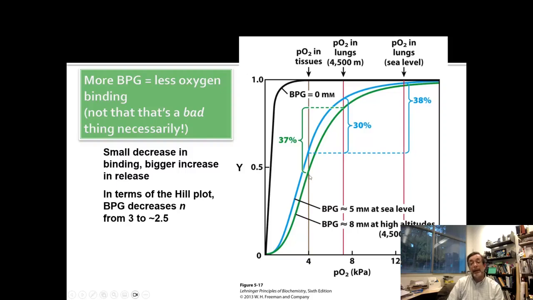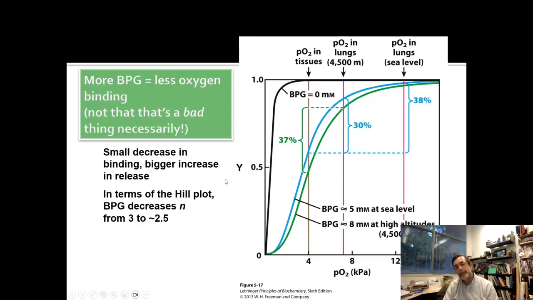And because you're letting go on a steeper point in the curve, the difference between the lung binding and the tissue letting go is back to 0.37 again. I can't do the math in my head, but the difference between this and this is exactly 0.37 on this y-axis.